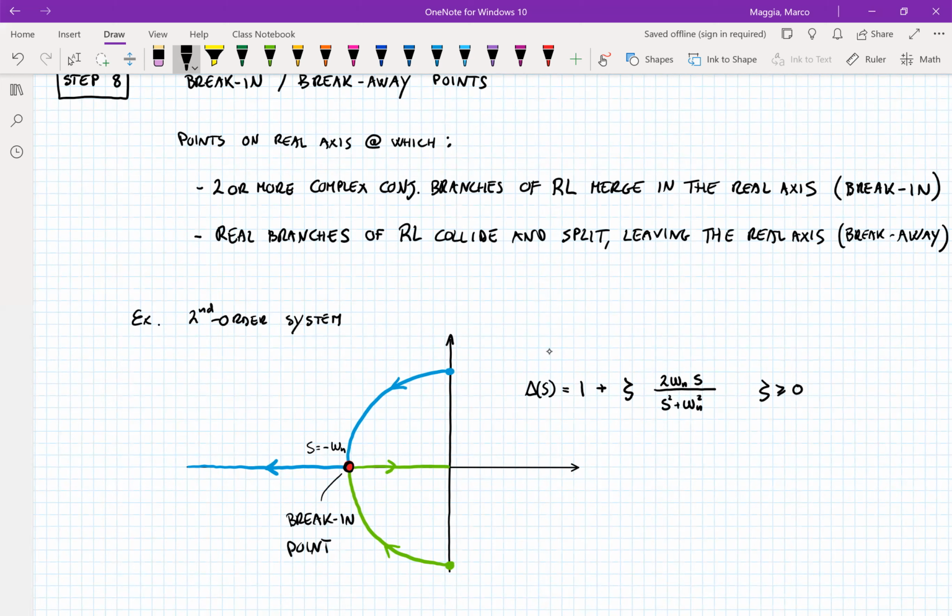In fact, we already know that for a second order system, at s equals minus omega n, this occurs when zeta is equal to 1. So we have two real poles that coincide. So p1 is equal to p2, and they're both equal to minus omega n.